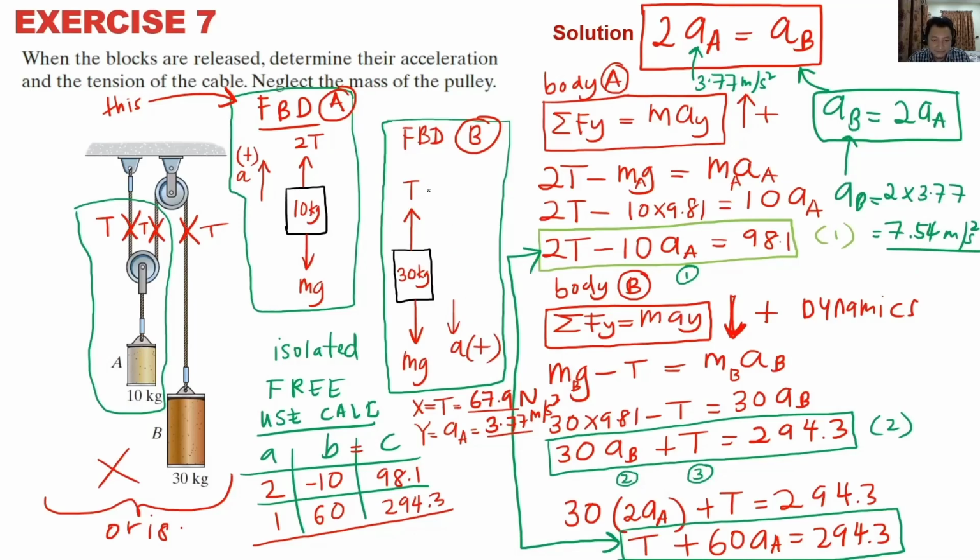Berapa tension? 67.9 Newton. Acceleration going down, ini AB lah kan? Ini adalah AA. Acceleration going down 7.54. Acceleration going up is 3.77. Okay, done. Bukan salah, ha?